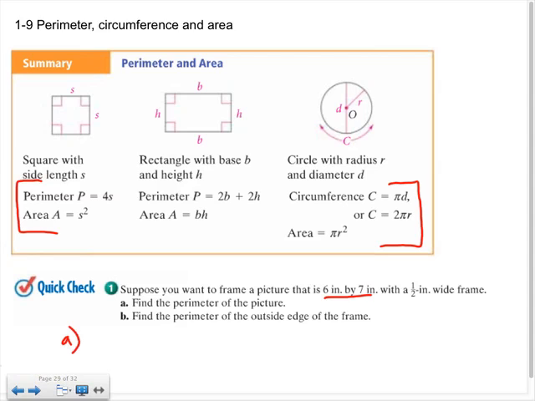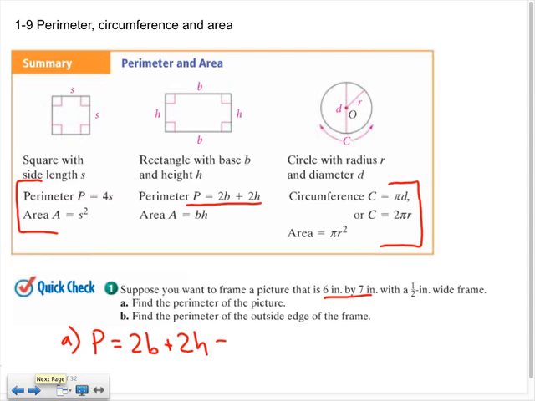So for part A, I have to use the formula for the perimeter of a rectangle, which is 2b plus 2h. If you learn to do this with length and width, that's totally fine. You could absolutely rewrite that as 2l plus 2w, and that's up to you. But I'll use the formula that we're given.